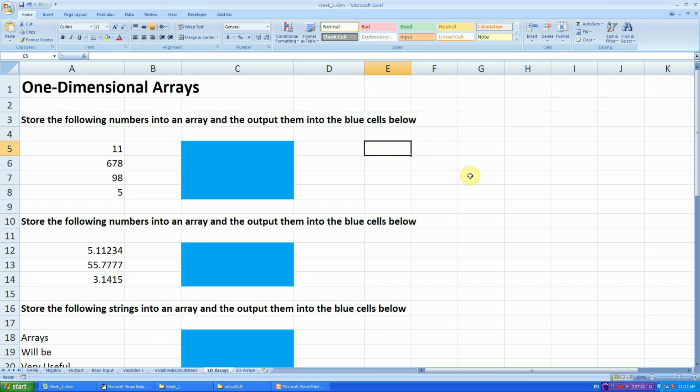On the 1D arrays worksheet, your first programming task is to store the following numbers into an array and then output them into the blue cells below.